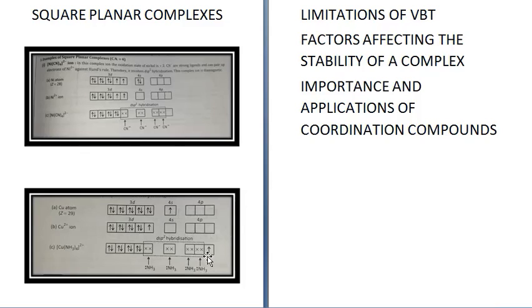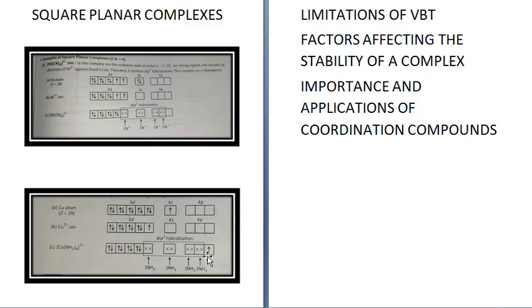The order of stability is Cd2 plus is less stable than Mn2 plus, which is less than Fe2 plus, which is less than Co2 plus, which is less than Ni2 plus, which is less than Cu2 plus, which is less than Zn2 plus.